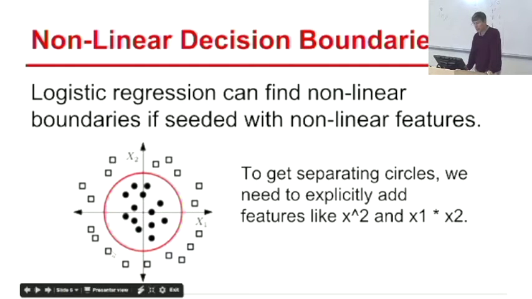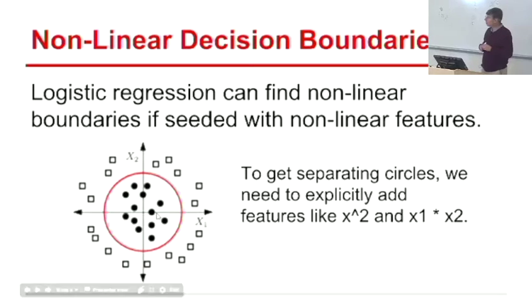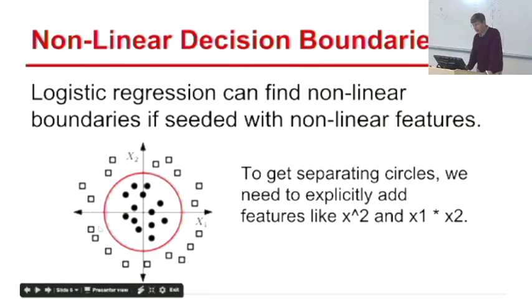Recognize that we might want nonlinear boundaries, but if we have a feature matrix seeded with nonlinear features, a linear classifier would deal with that. Suppose we have a world here where we've got an x1 and an x2, and let's say that all the bad guys, or all the round elements, are in a circle of radius 1. Is there a linear classifier that separates them?